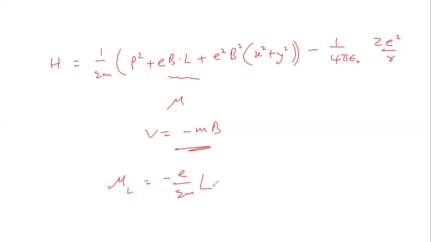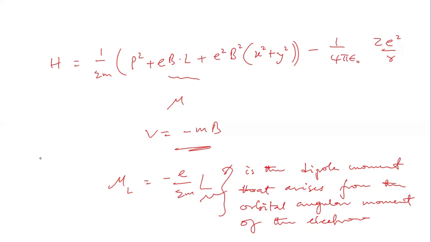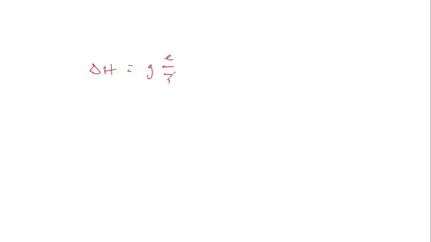So here you observe that this is the dipole moment that arises from the orbital angular momentum of the electron, because we have to consider L. And by way of extension, we now have this to be the same as G times E over 2m, where this is the G factor, which is usually very close to 2.